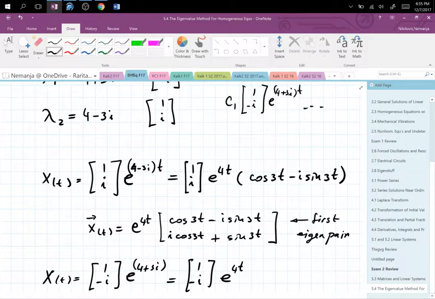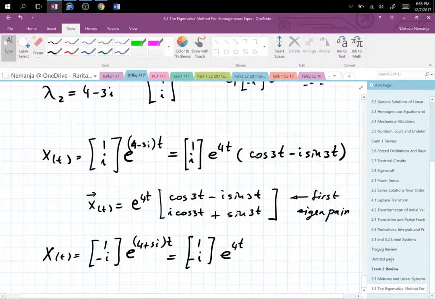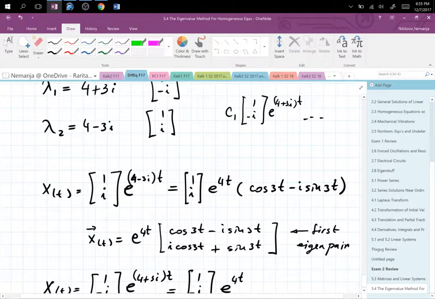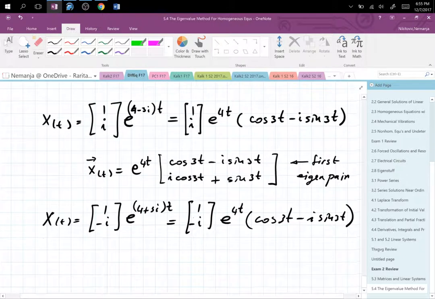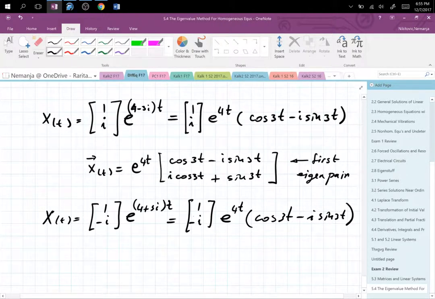Would it be i cosine 3t plus sine 3t? There's a t over here. So now we have the same part as up there, which is cosine 3t minus i sine 3t. There we go, that's good.